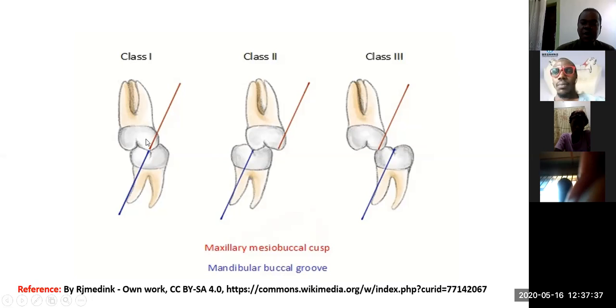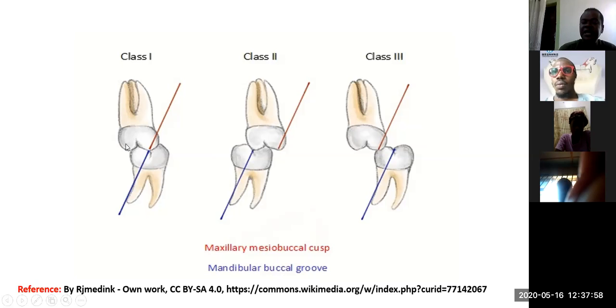So the mesiobuccal cusp of the upper is engaging the groove of that of the lower. You can see the relationship, and it's engaging it posteriorly.